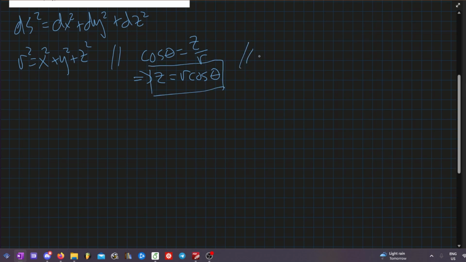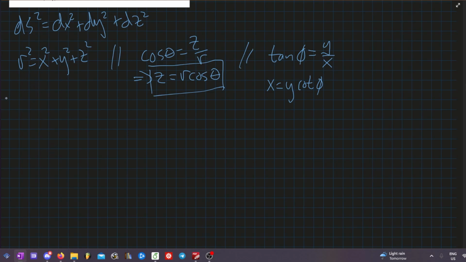And then we also have this tan relation, so tan phi is y over x. I choose to write that this way: x equals y cotangent of phi. I'm not going to put a box around that yet because we still have the y in here, notice, and we want to get this strictly in terms of the spherical coordinates. So let's work towards that.